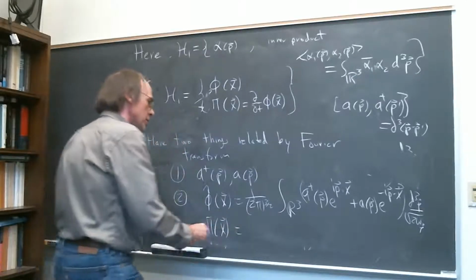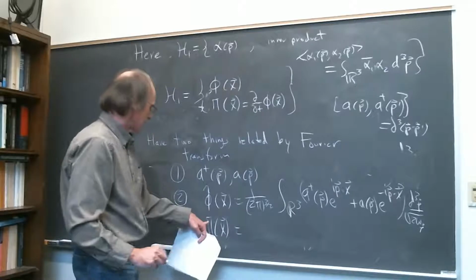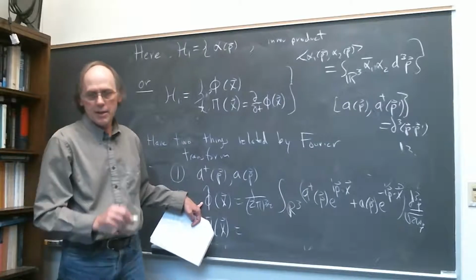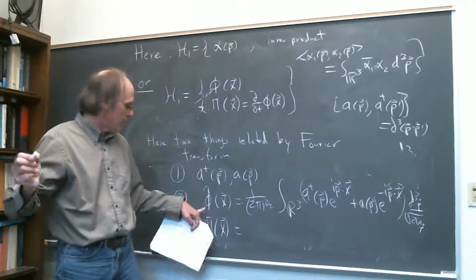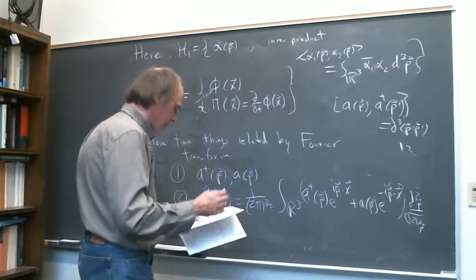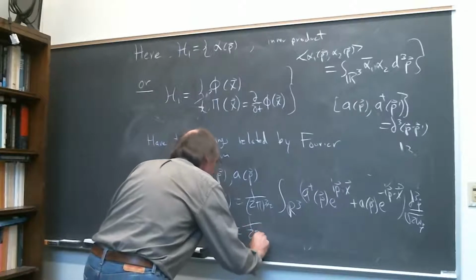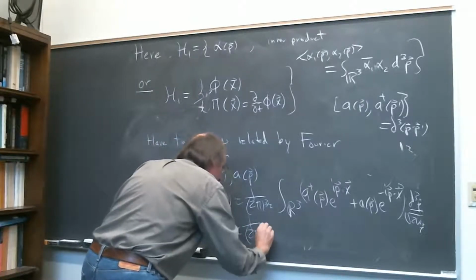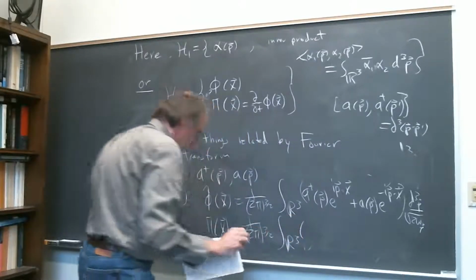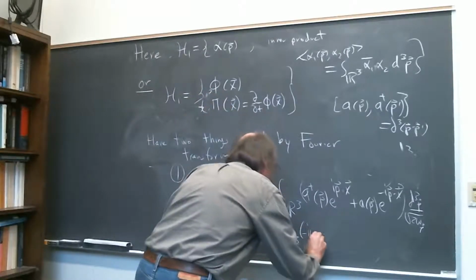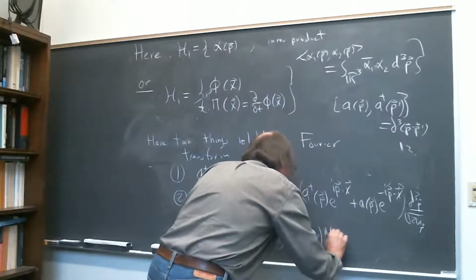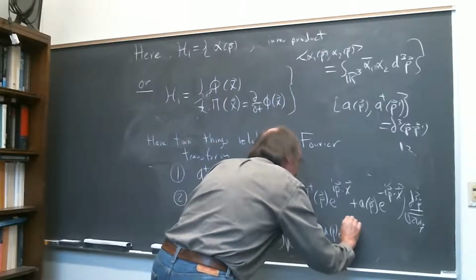This is what you get by taking the time derivative of the formula, where you know its time evolution, and then you end up with that thing I started to write before, 1 over 2 pi, d cubed P, there's a minus i omega P vector, and there's an A of P e to the i P.